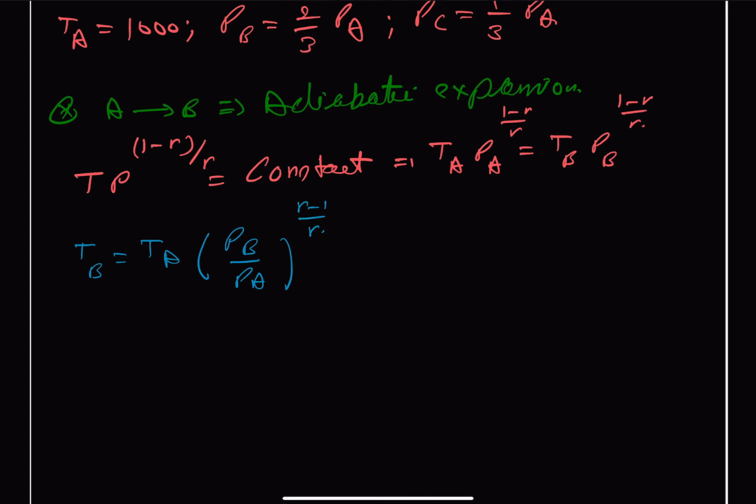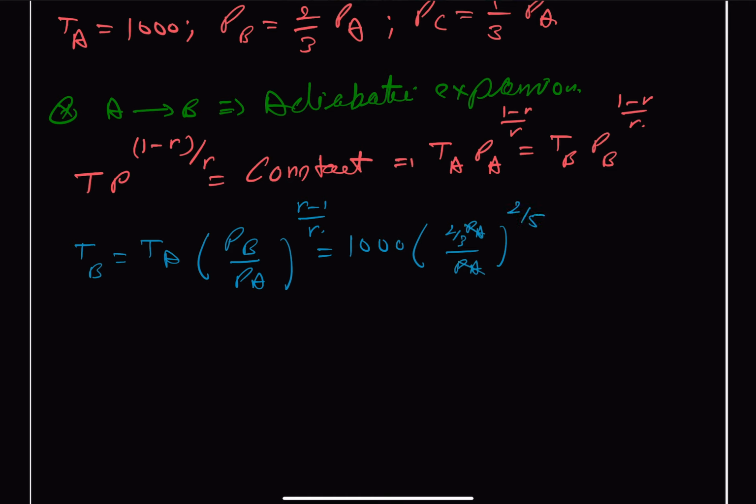We just changed from 1 minus gamma to gamma minus 1, and this will give us 1000, and PB is 2/3 times PA, so this comes as (2/3 PA upon PA) to the power (gamma minus 1) upon gamma, which will be 2/5.